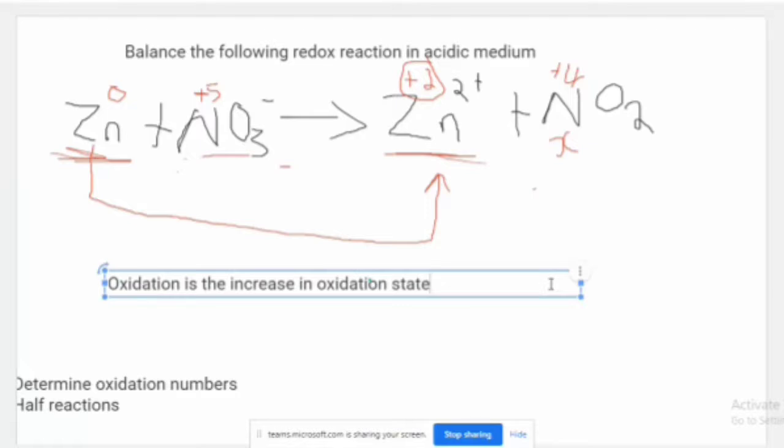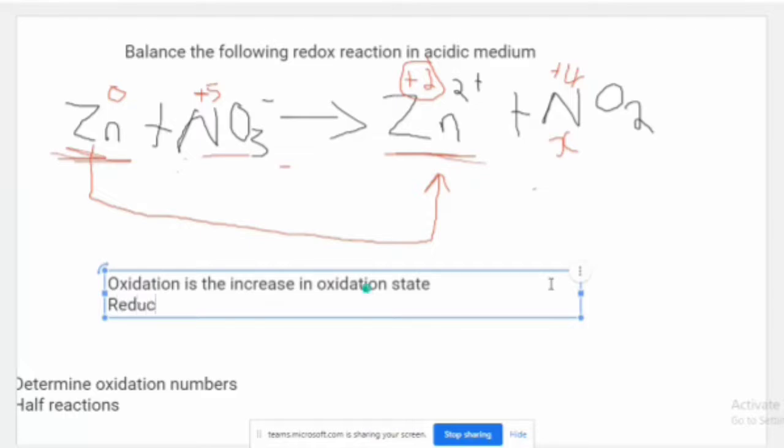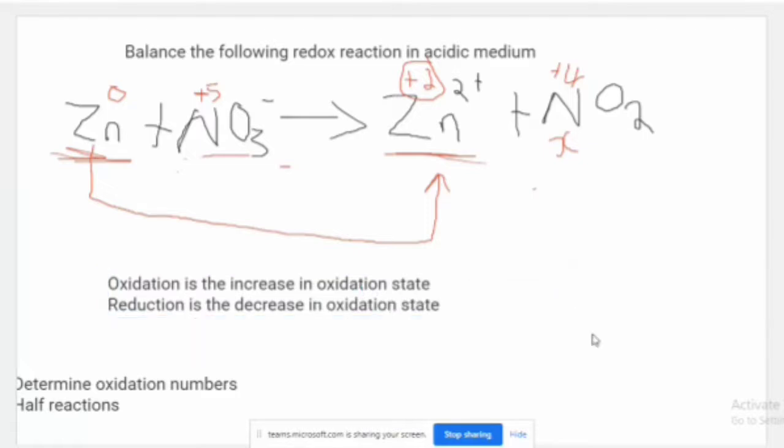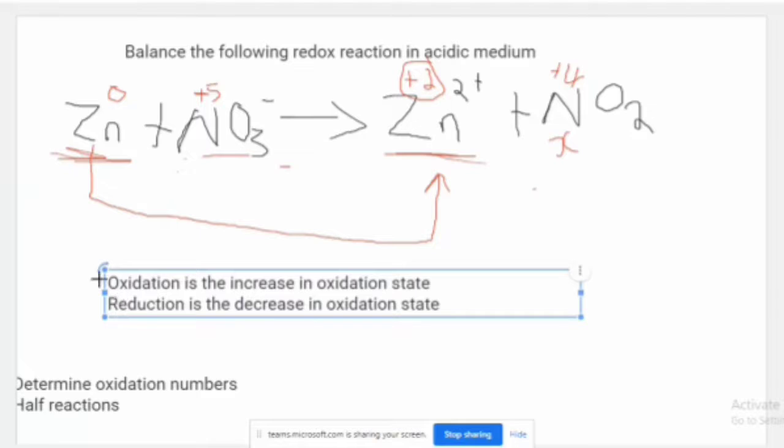Then reduction is the decrease in oxidation state, right? This is the definition for oxidation in terms of oxidation state.